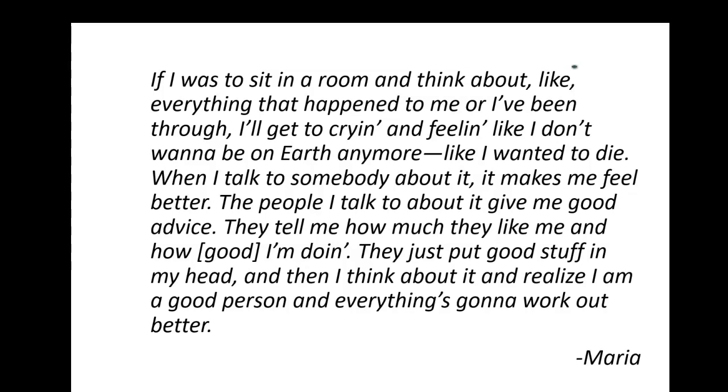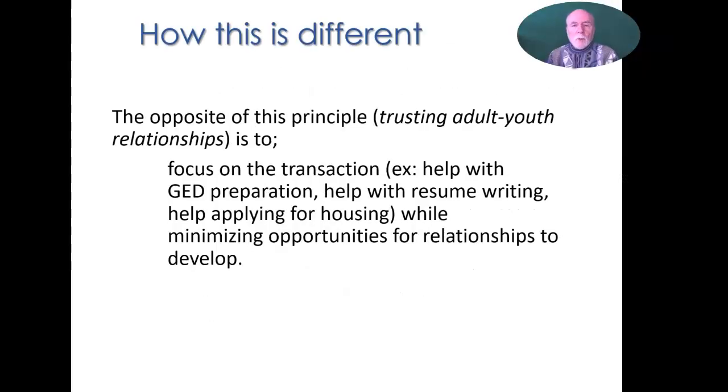So these are two examples from the youth of their experiences that we coded as examples of building trusting adult-youth relationships. The importance of this principle is in contrast to an alternative principle of focusing only on the transaction, on the task and work of helping get young people off the streets and into housing without building relationships.